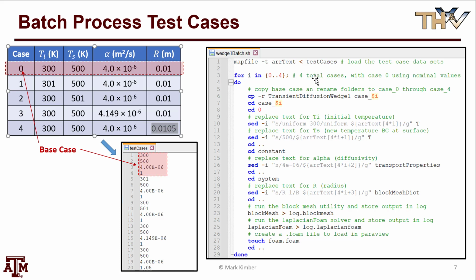I'm not going to go into all the details on the programming, but this first line is taking a file that I'm calling test cases, which has all these 20 data points in them, and I'm going to load that into a variable called rtext. And then I'm going to step from 0 to 4, so that's 5 different scenarios, with case 0 being using the nominal values.